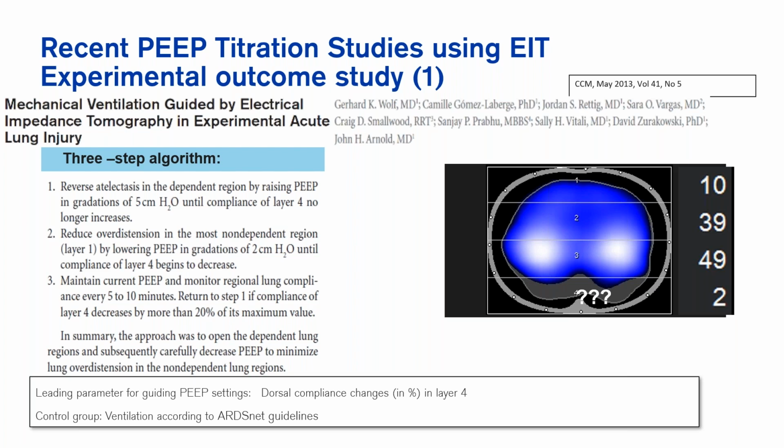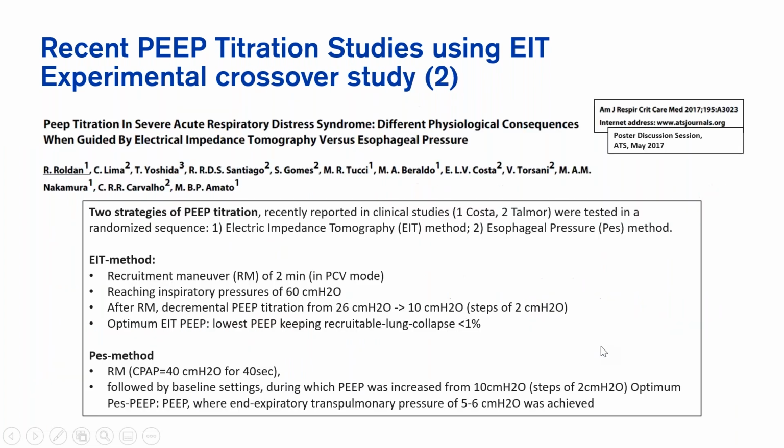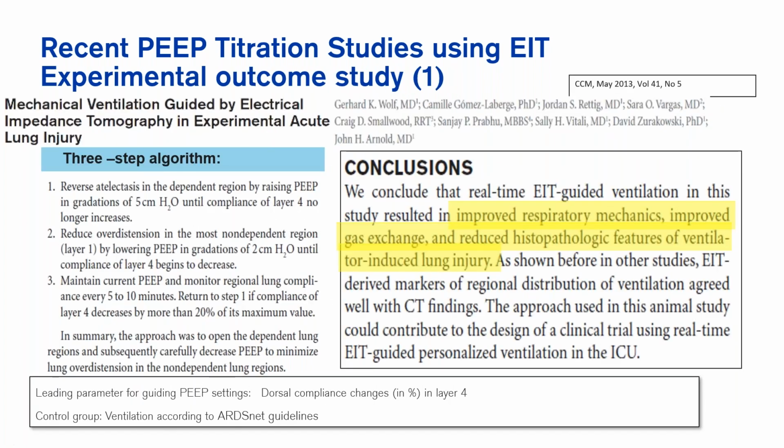And in the control group, they used ventilation according to the ARDSNet table. And as a result, what they have discovered is that they have improved respiratory mechanics, they have improved gas exchange, and they have reduced the histopathologic features of ventilator-induced lung injury using EIT-guided PEEP settings.